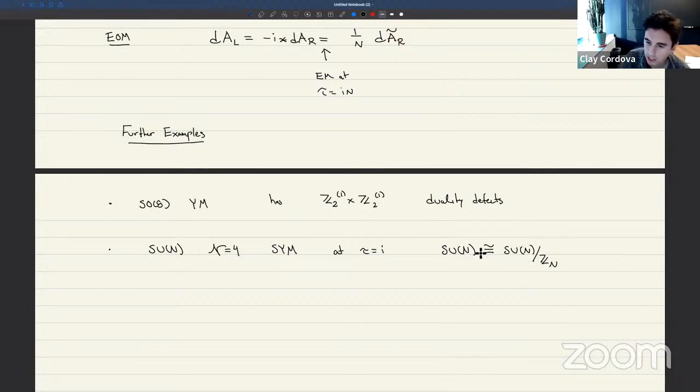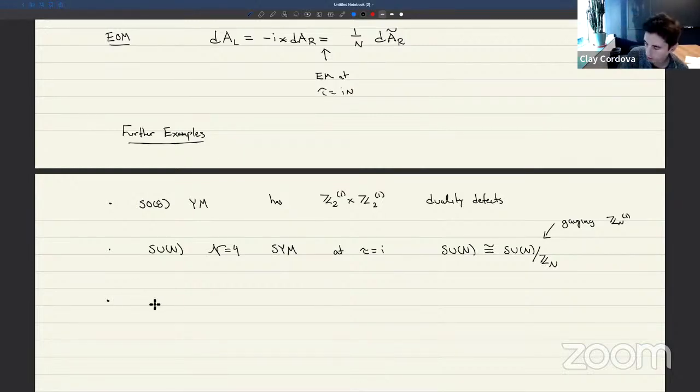And this is the result of gauging a one-form symmetry. That's how the gauging of the one-form symmetry modifies the gauge group. It's electric one-form symmetry. So N equals 4 super Yang-Mills at the self-dual point has a duality defect.